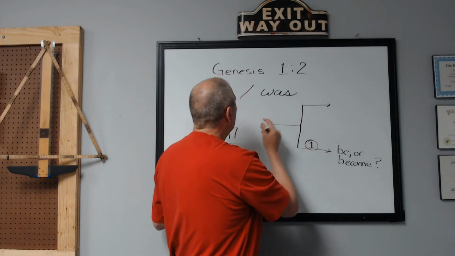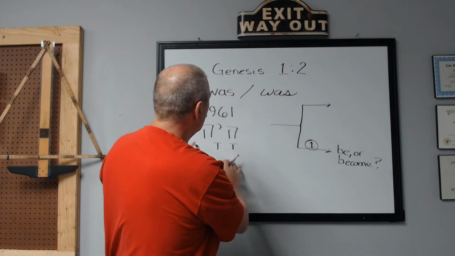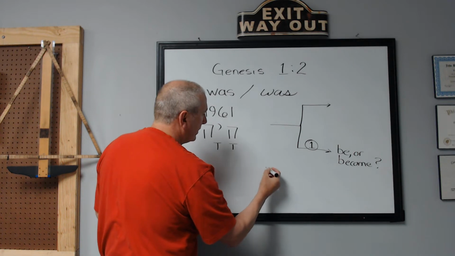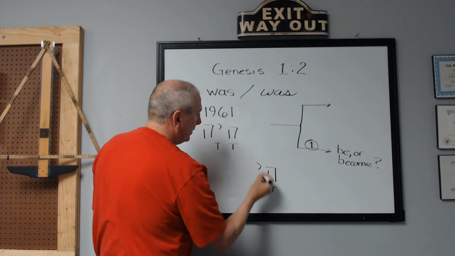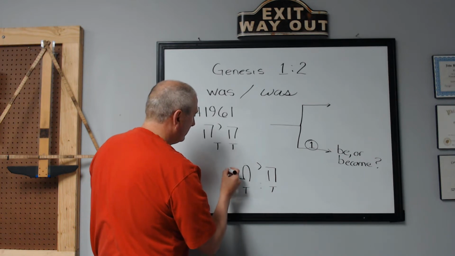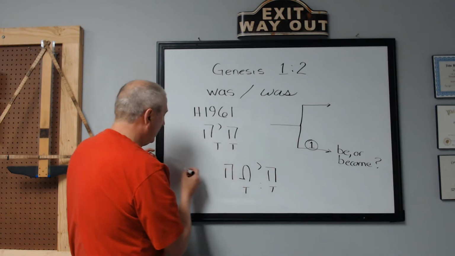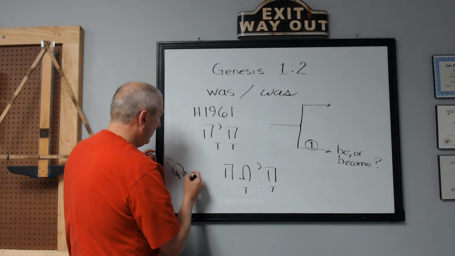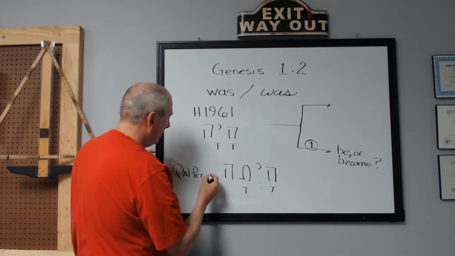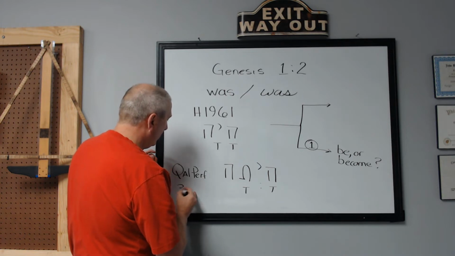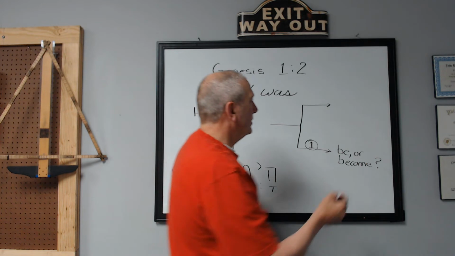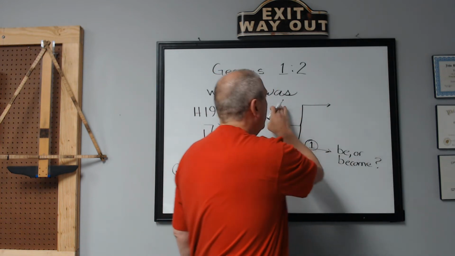What we have here is the presence of it, and in inflected form, it appears as hayetah, and that's a Qal, meaning simple action, Qal perfect, third feminine singular.